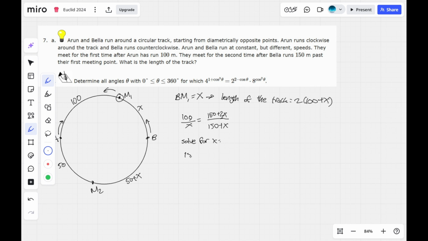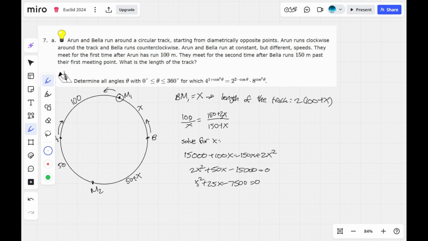So 15000 plus 100x is equal to 150x plus 2x squared. Moving things around, 2x squared plus 50x minus 15000 is equal to 0. We can divide both sides by 2 to get x squared plus 25x minus 7500 is equal to 0.